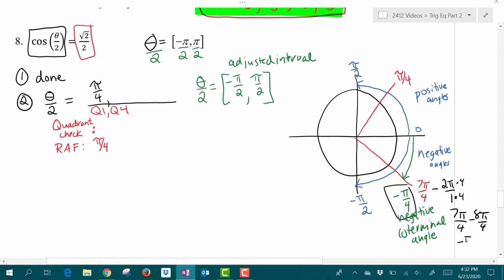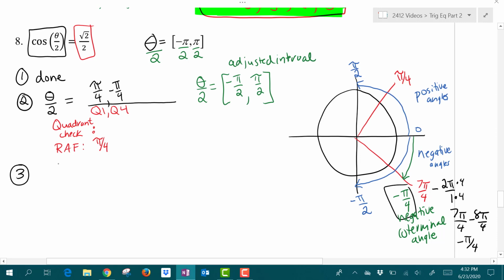And that gives you negative pi over 4. So our quadrant 4 angle, we're actually going to have negative pi over 4. And those turn out to be the only two possible solutions that we could find within the given interval.